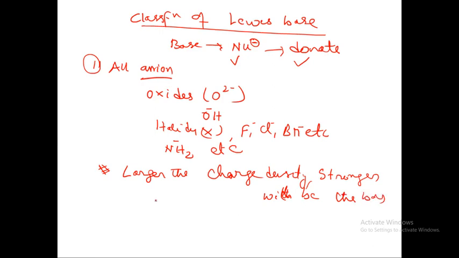So the larger the charge density, the greater will be the base. The lesser the charge density, the lesser will be the basicity. So these are the classifications of Lewis acid and Lewis base.